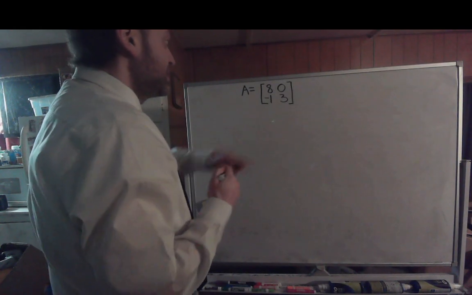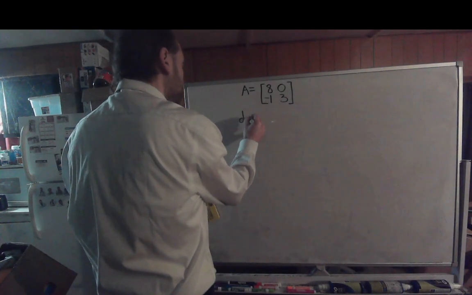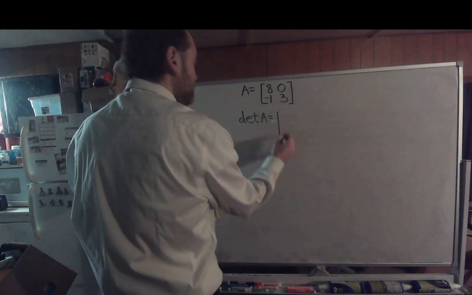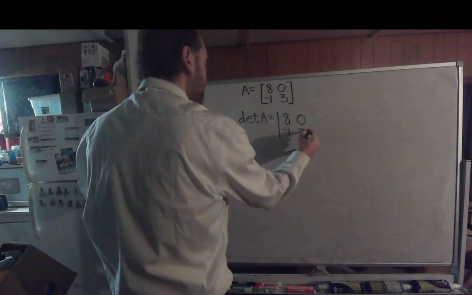Alright, next one. Matrix A is a 2 by 2 matrix with entries 8, 0, -1, and 3. So let's evaluate the determinant of A. We'll just place all these numbers inside of what looks like a big absolute value sign.